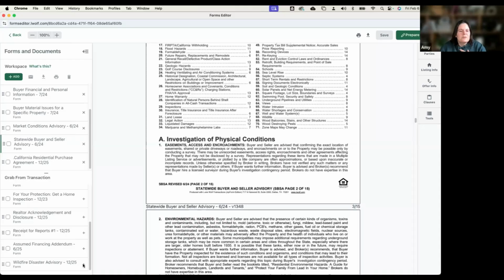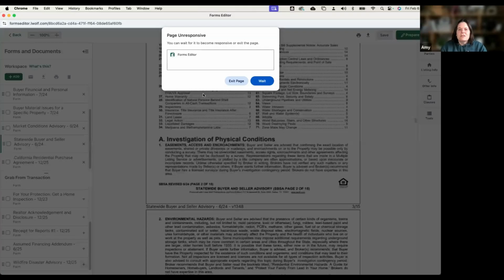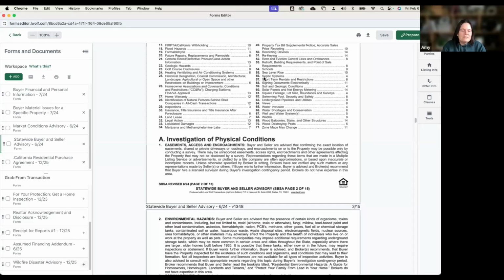I'm also going to include the wildfire disaster advisory. Hold on, we're just waiting for it to add. The wildfire disaster advisory, it's not the fire hardening one, it's not the super in-depth one, but the wildfire disaster advisory just states that, hey, we live in an area where there could be wildfires, or there's a history of wildfires in this area.